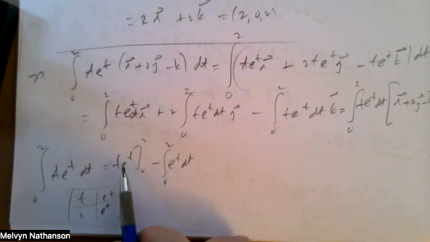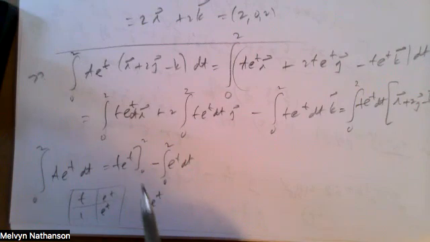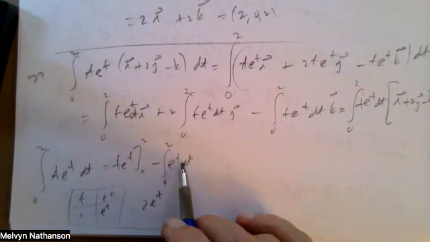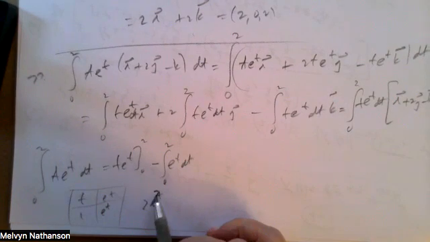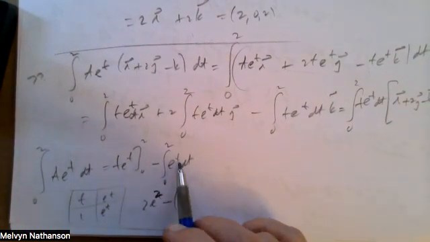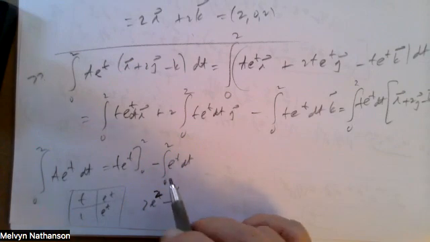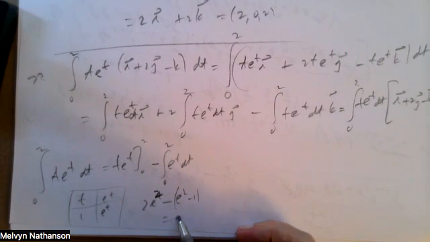What is this equal to? When t is 2, you get 2e to the t. When t is 0, you get 0. This is minus e to the t evaluated from 0 to 2. Sorry, this is 2e squared minus 0 minus e to the t evaluated from 0 to 2. That's e squared minus 1. So this is e squared plus 1.